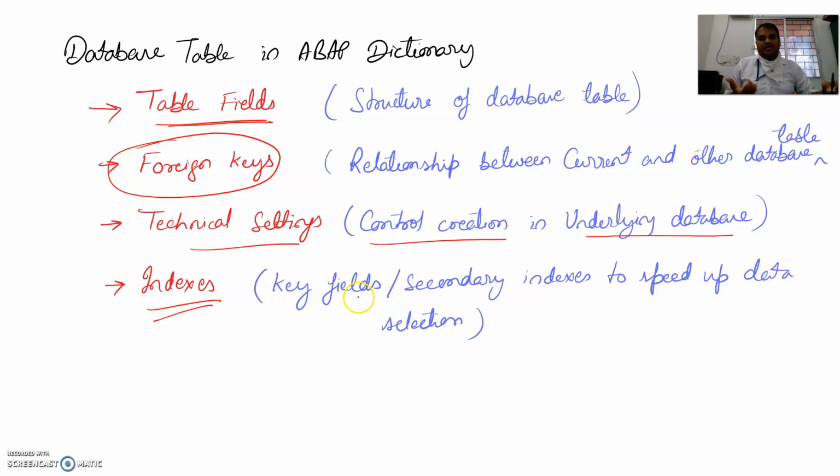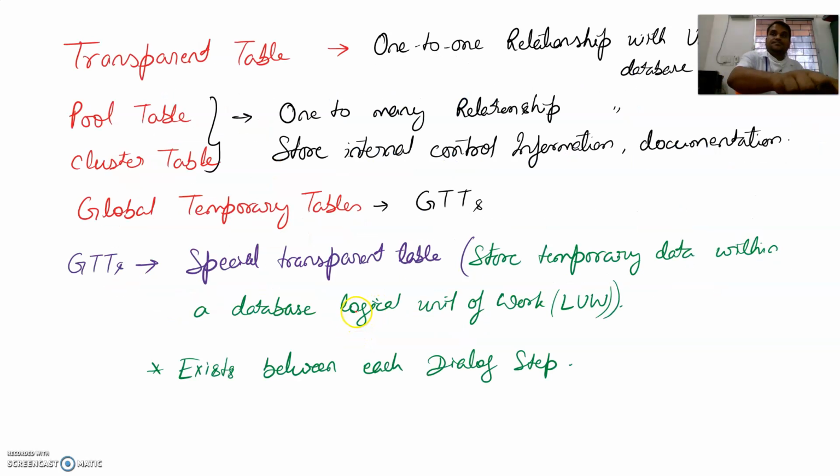If both the student name and father name are the same, that is rare, but if it happens, then we have to go for another key. So the key field is that unique something. Then we can create secondary indexes: if one name is not sufficient, we can go for a secondary index to speed up the data selection. If a key field is selected, we can speed up the data selection.